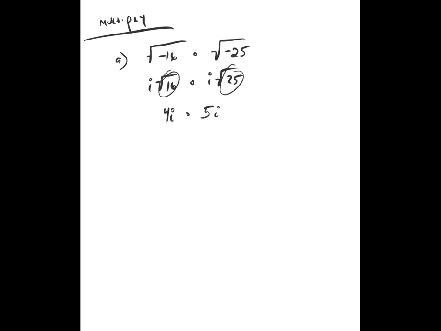Now I'm just multiplying these. 4 times 5 is 20. We have 2 i's, so it's i to the power of 2. Are we looking okay so far? Any questions?